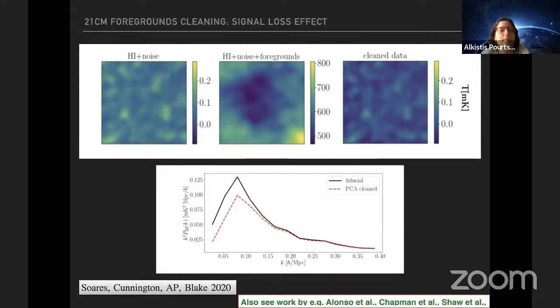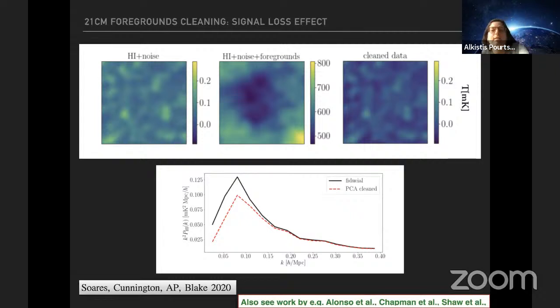Here is a very simple example where we take some simulations that should correspond to a MeerKAT or SKA-like experiment. The first panel on the top is just HI plus noise. Then you add foregrounds and you see how the map's appearance and the amplitude of the temperature change by orders of magnitude.